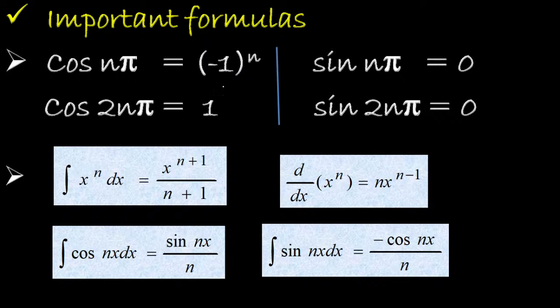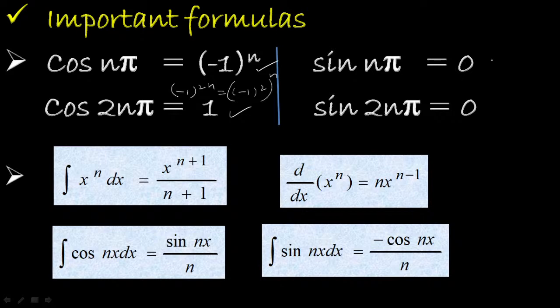Because cos 2n pi is minus 1 whole power 2n, which we can write as (minus 1 whole square) power n. Minus 1 whole square is plus 1, and 1 power anything is 1 itself. That's why cos 2n pi is plus 1.